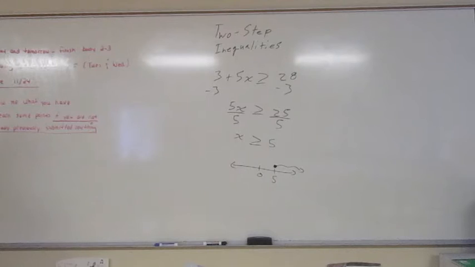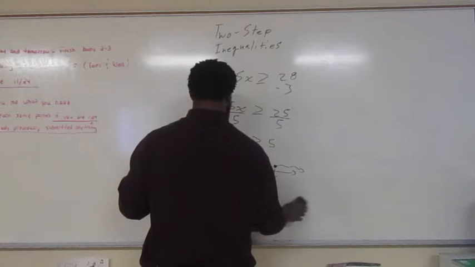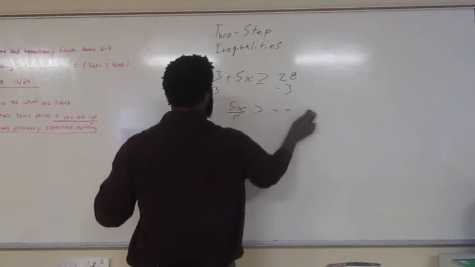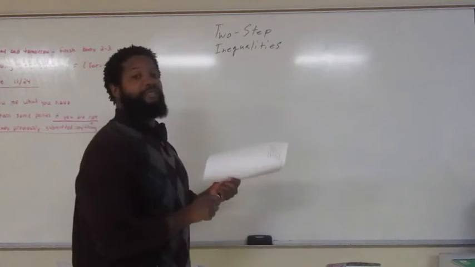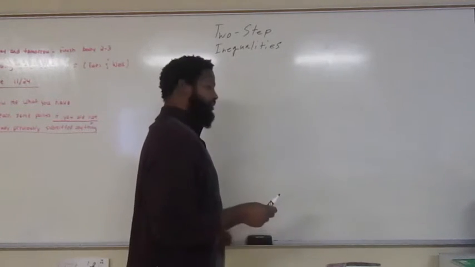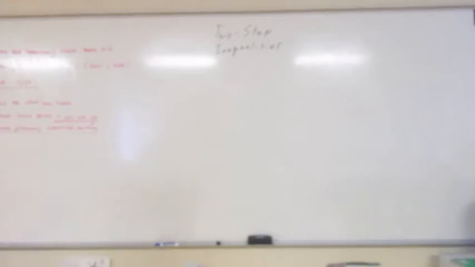So, as you can see, you have certain parts. For example, you are going to be solving these the same exact way that you're going to be solving regular equations.